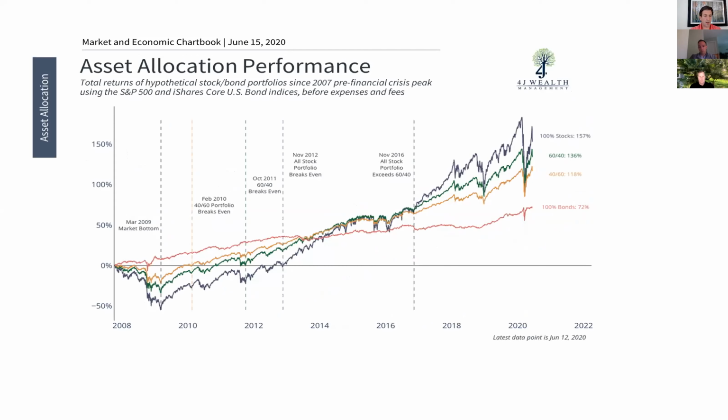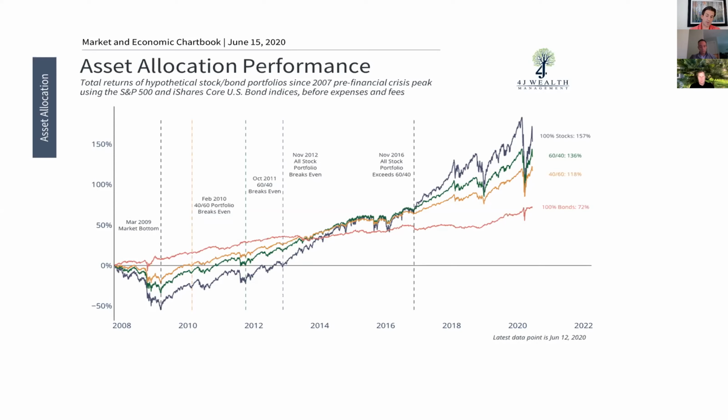So here is a look at the performance of various portfolios, ranging from a 100% stock portfolio all the way down to a 100% bond portfolio over the period from before the global financial crisis to today.